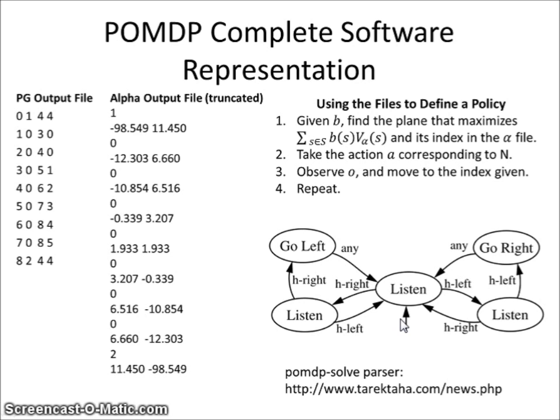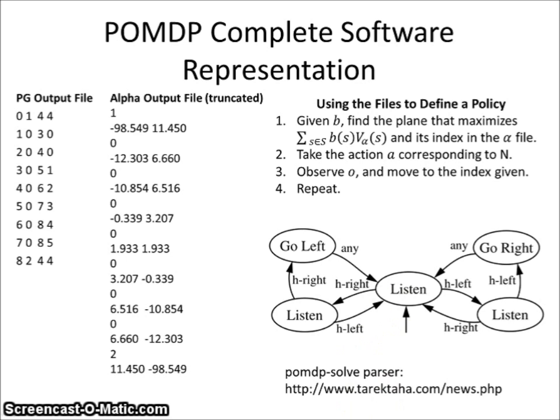No matter what happens, we're going to listen again. So let's say we hear it on the left, and then we move to this listen node here, and then we listen again. If we hear it on the left again, then we have a really good idea that the tiger is on the left, so we want to open the right. And then that's going to replace the tiger randomly, and we repeat and start over.